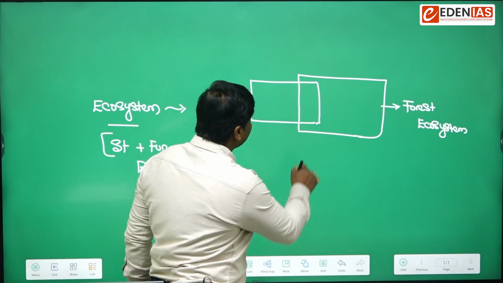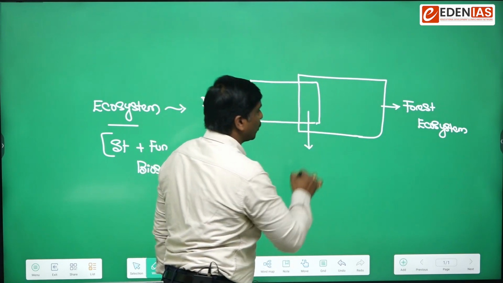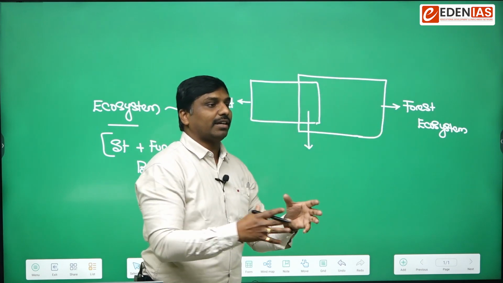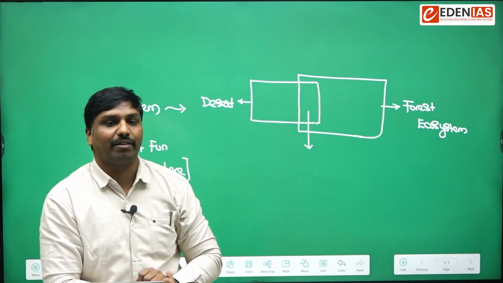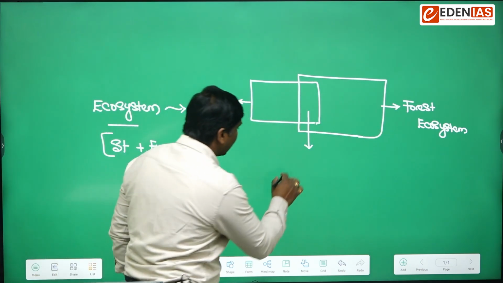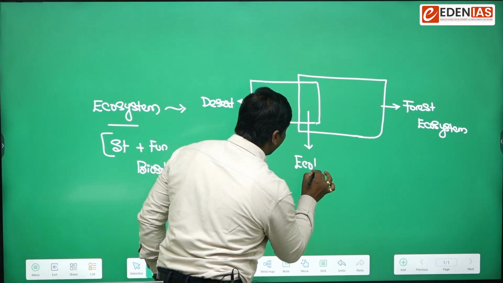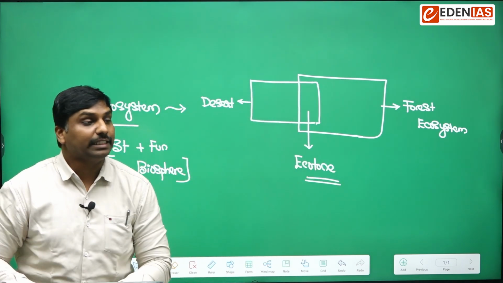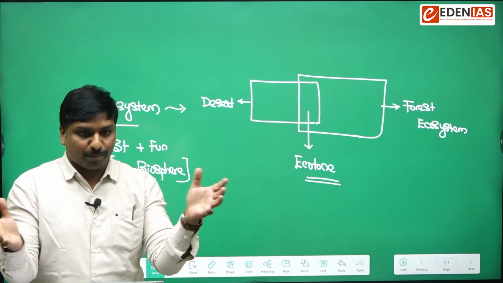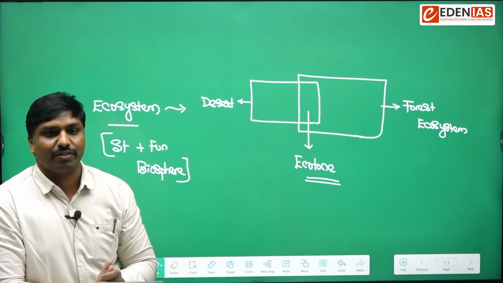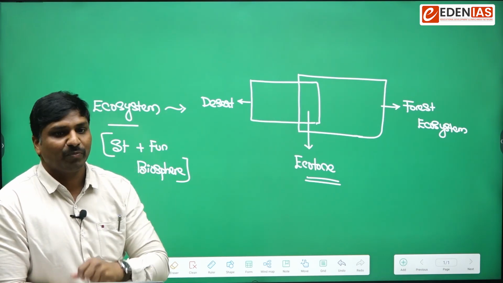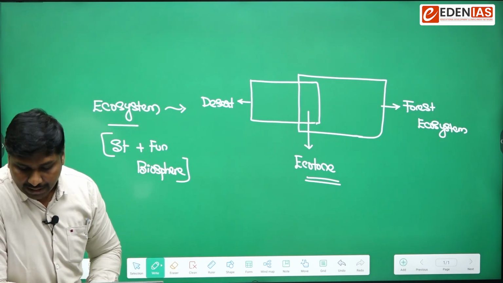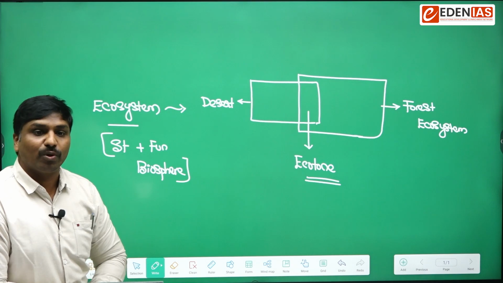Such an intersection zone, a zone of overlapping of two ecosystems, is nothing but another key term called ecotone. So an ecotone is the adjacent portion of two ecosystems where they overlap. It is a zone of junction between two or more ecosystems.